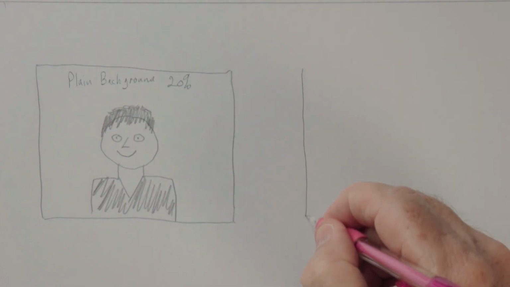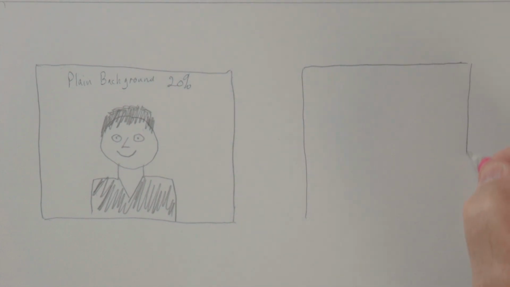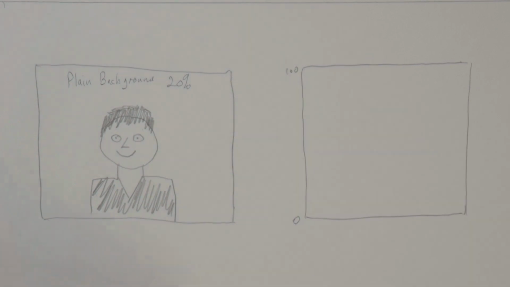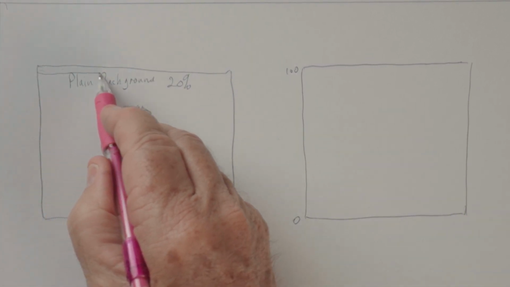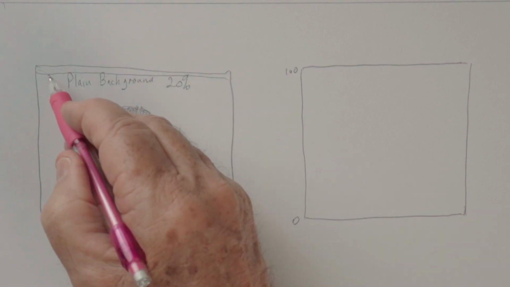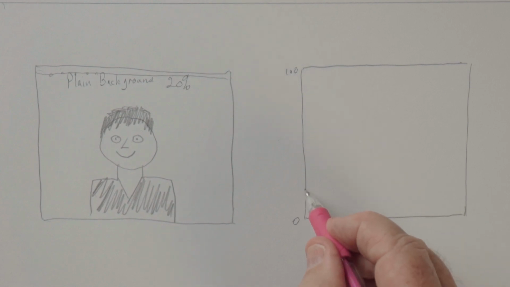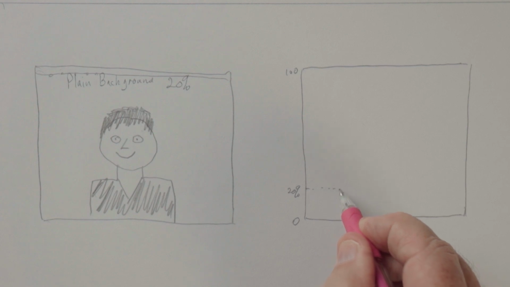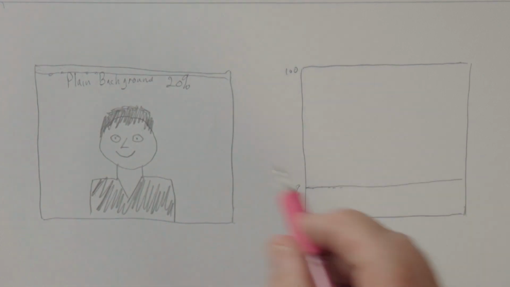Now over here, let's see what our waveform monitor is going to look like. Note 100. Now, as before, we'll draw lines across here. Start with that one. And as we measure the brightness across that line, we see that the brightness is at 20% all the way across there. So we'd plot that 20% brightness.